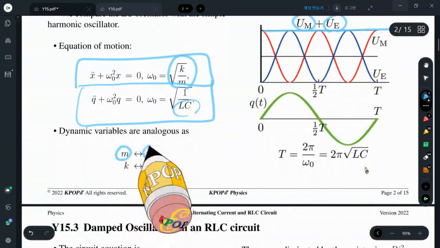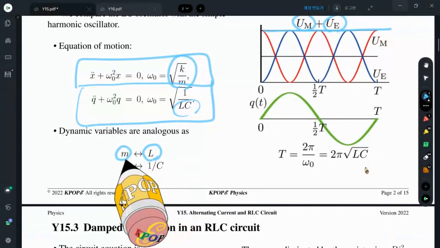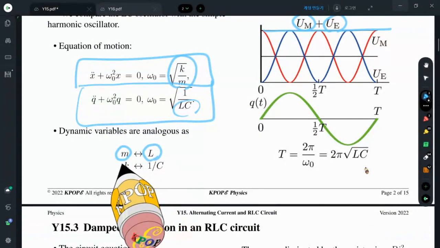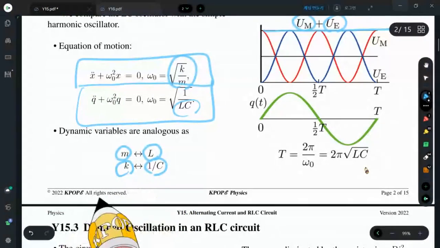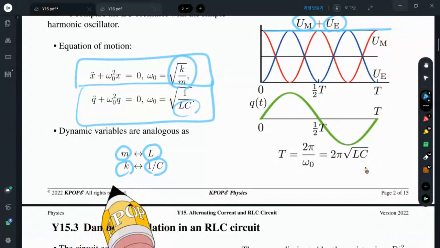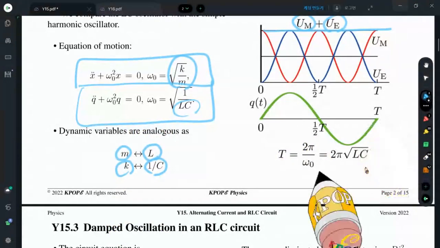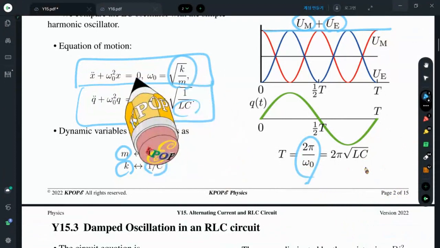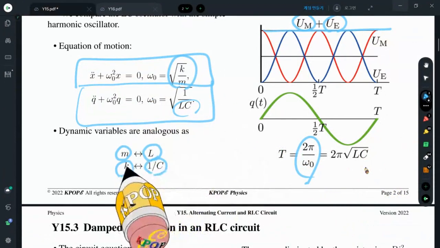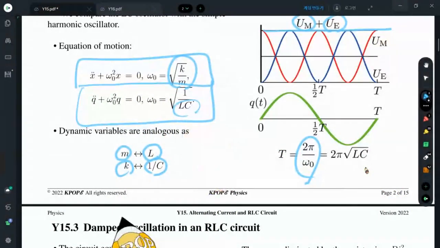So inductance behaves like the mass of the simple harmonic oscillator. 1 over capacitance behaves like the spring constant in a simple harmonic oscillator. The period of this oscillation can be determined from this fundamental relation that is identical in these two cases, except that the explicit value for omega 0 depends on the system.